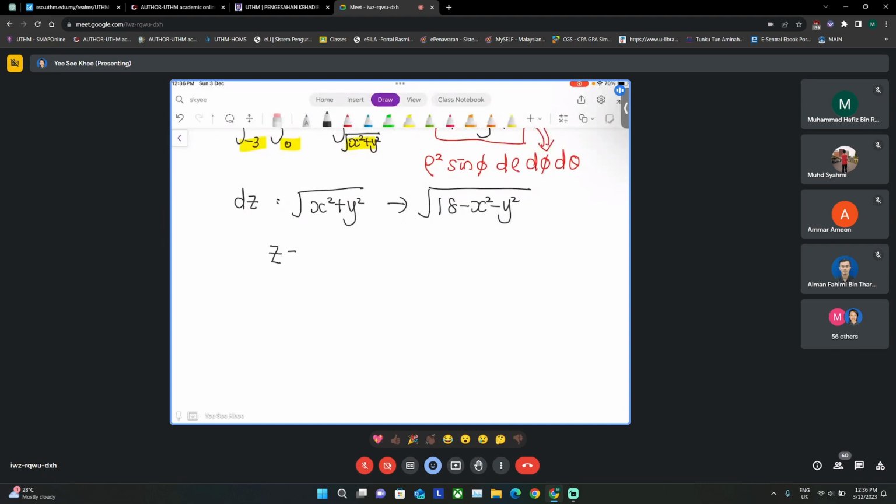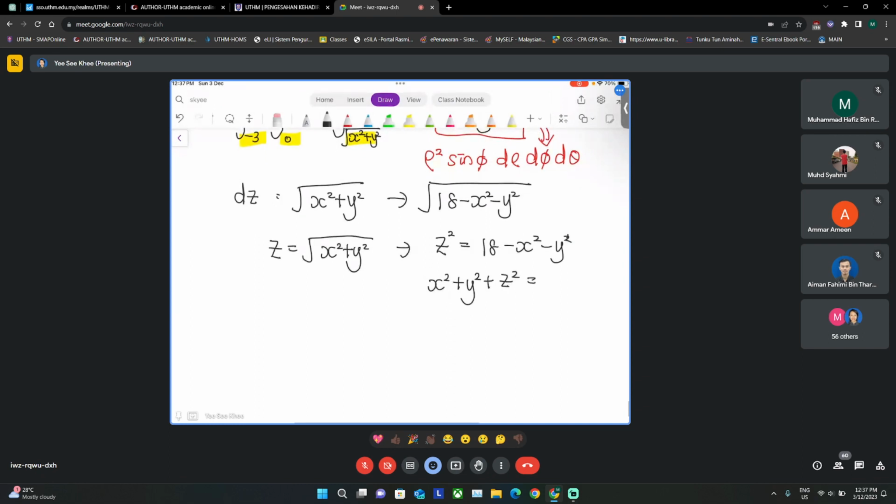This one is telling you that it is a cone, and this one is telling you that it is a sphere. You can rewrite it, and you will see that x squared plus y squared plus z squared equals 18. So how to go from the cone to the sphere?